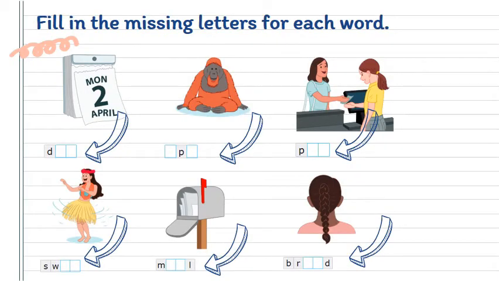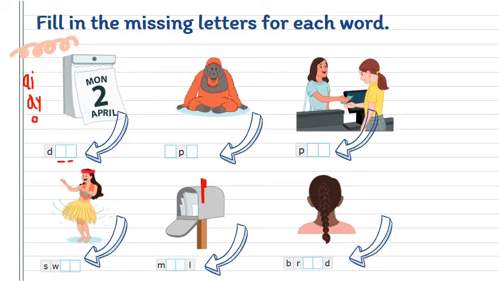Fill in the missing letters for each word. This is really fun. What do you see here? This is a day. So what are the two missing letters here? Day. So I can hear the long A sound, but what kind of vowels? Is it A-I? Is it A-Y?